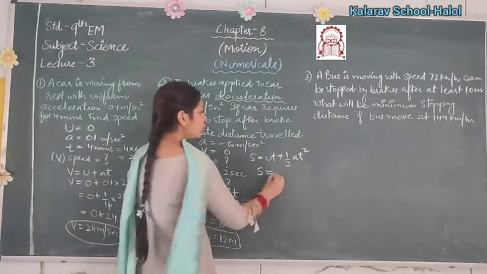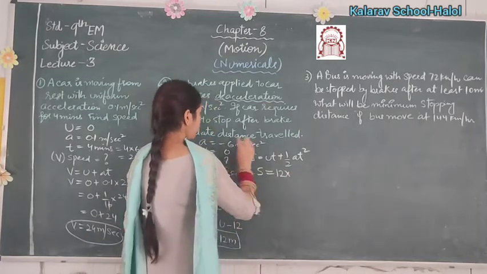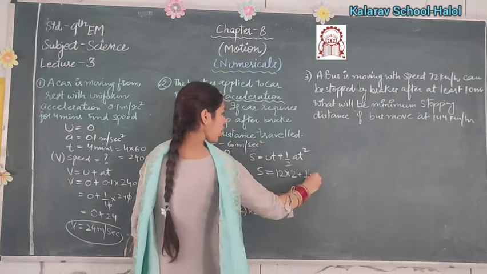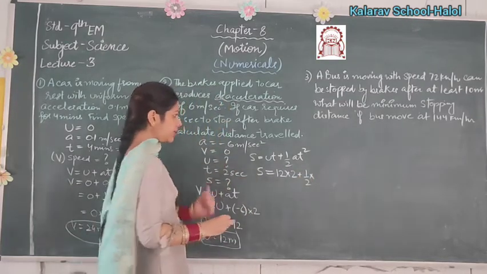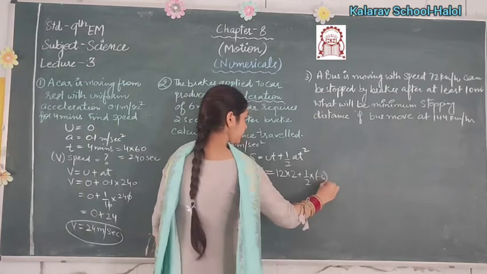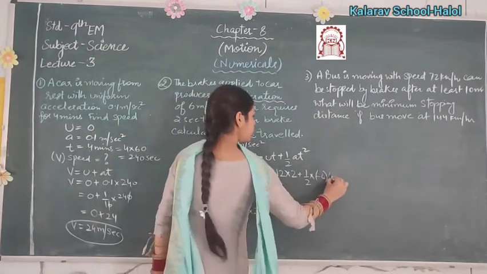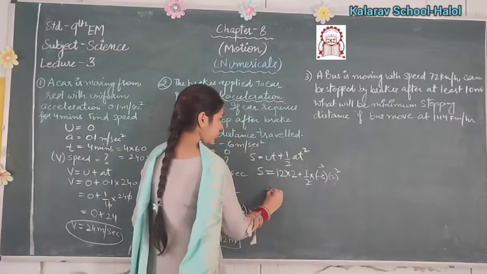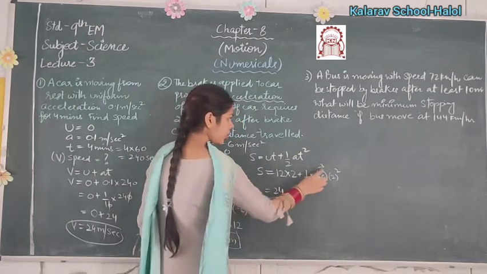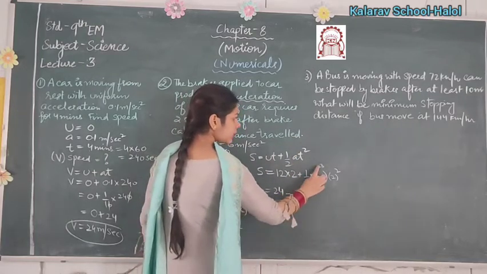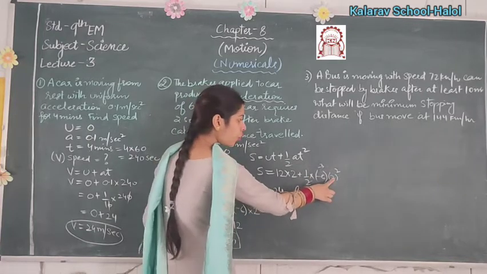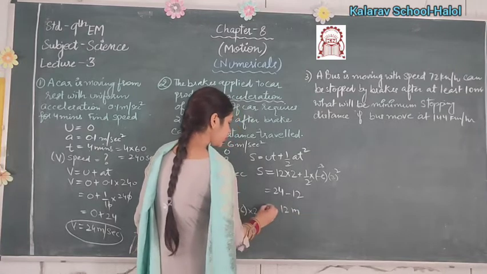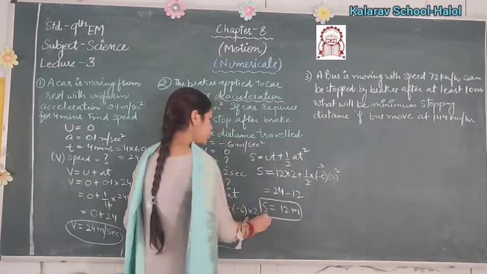Put the value of u 12, t 2, half, a is minus 6, t is 2 square. So it is equal to 24 minus 2 is to 2, 4 is to 3, 12. So it is 12 meter. So it is S, that is 12 meter.